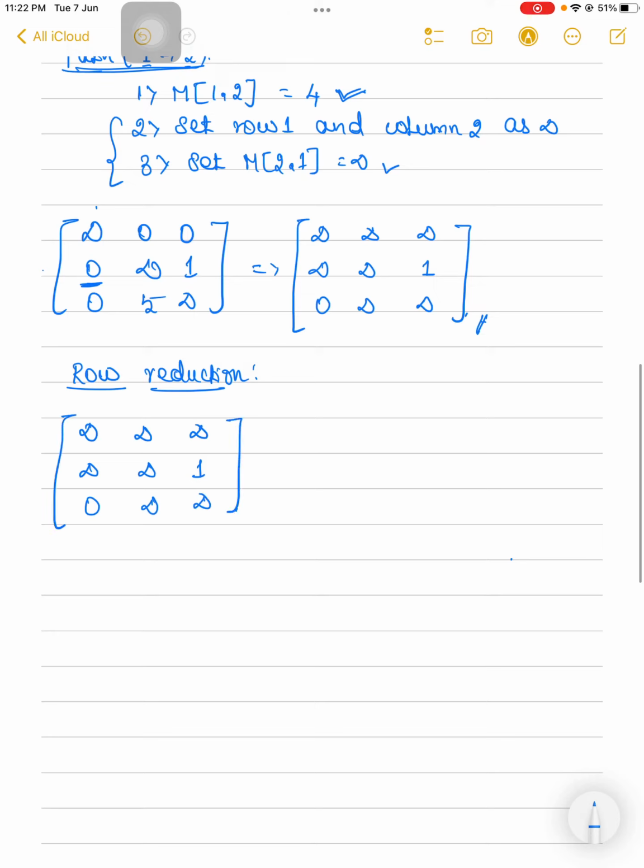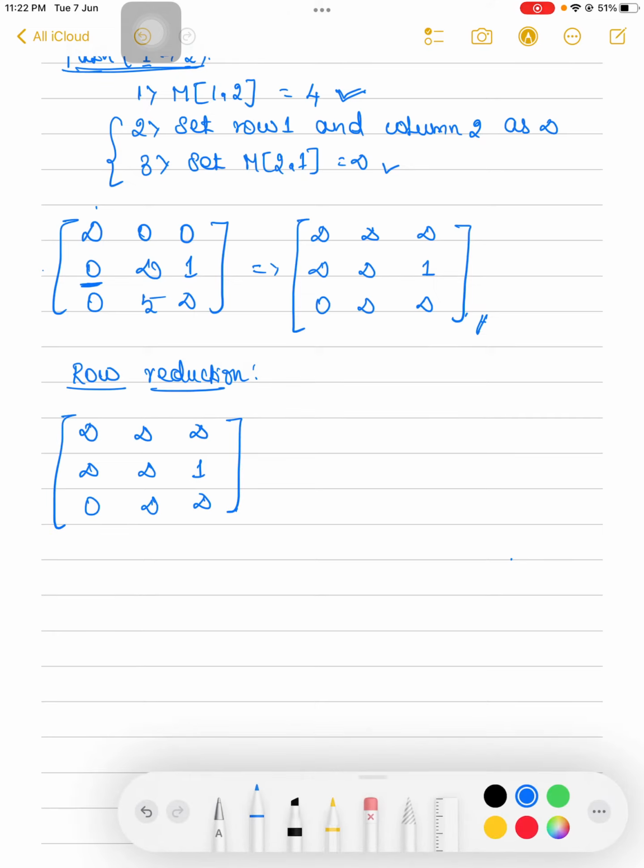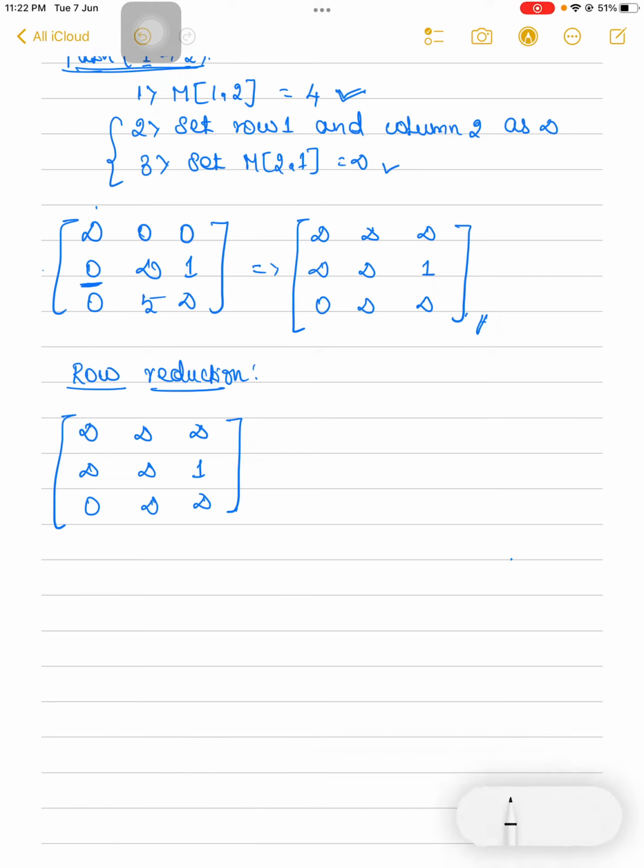I already explained how to perform the row reduction. Identify the row minimum from the entire row. When you take the first row, all are infinity, so there is no minimum value here. In the second row, among these 3, 1 is the minimum value. In the third row, among these 3, 0 is the minimum.